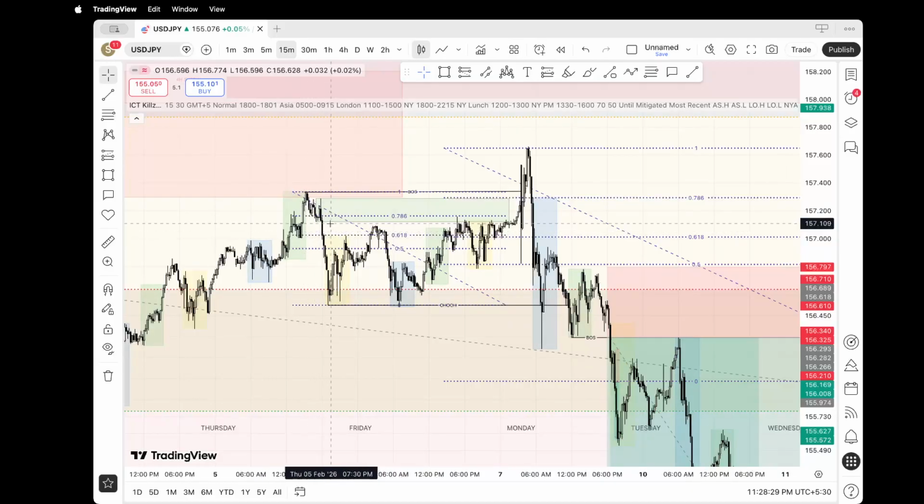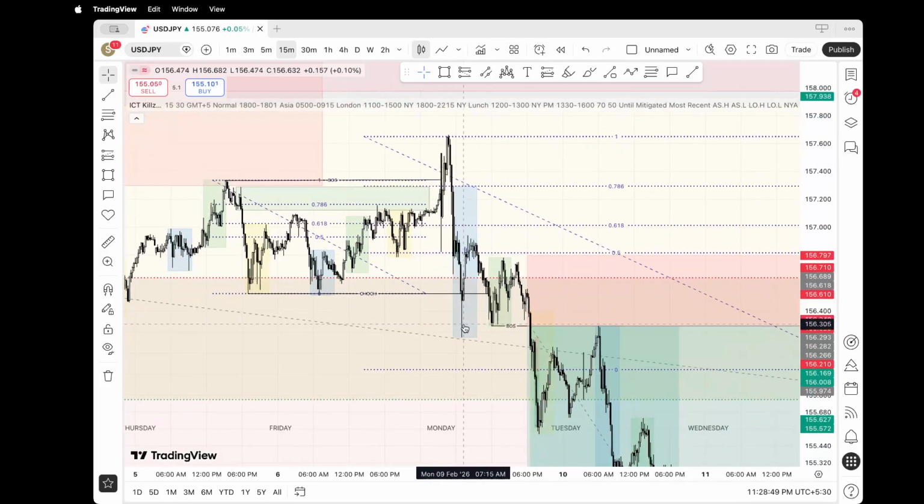So the first and foremost place to sell it was this, but this would have got us liquidated. The first change of character shows where the market wants to go. The second change of character is the liquidity, and if it closes below this, then there is institutional selling happening right here.